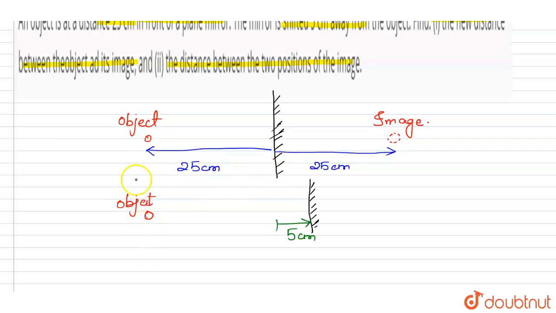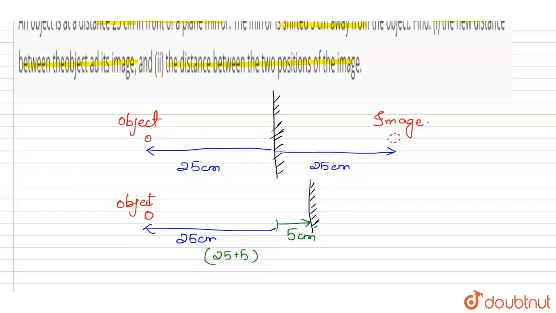Earlier this distance was 25. So the new distance of the object from the plane mirror is 25 plus 5, that is a total distance of 30 cm.